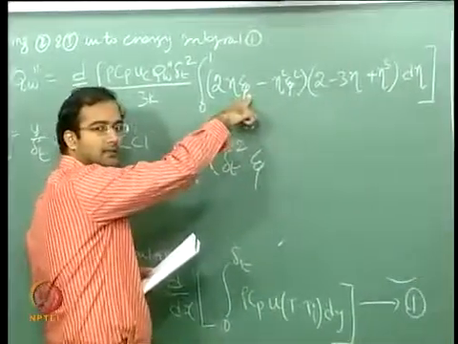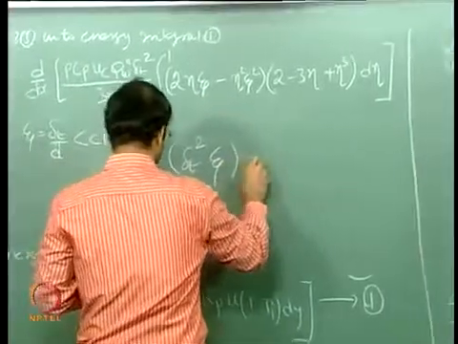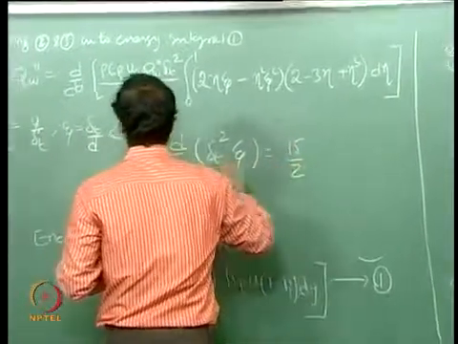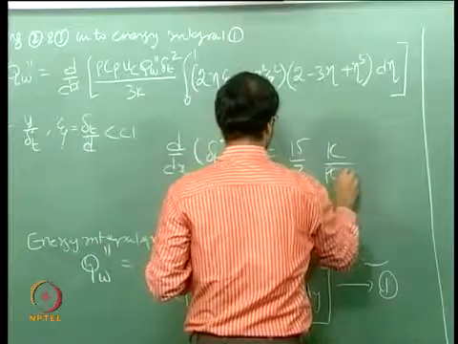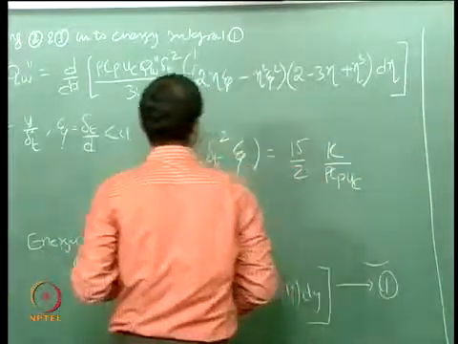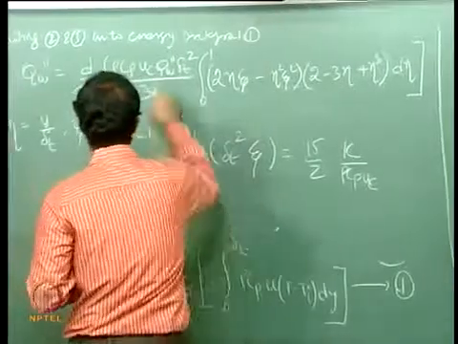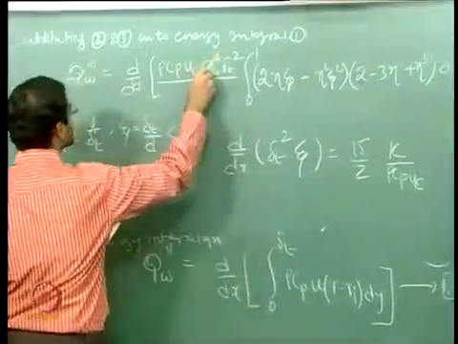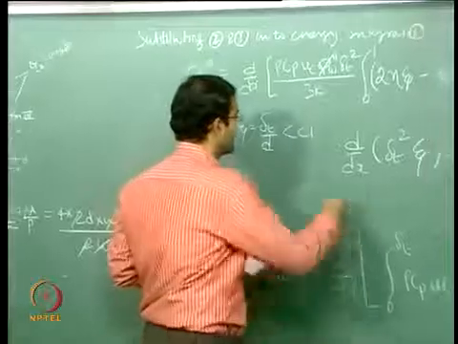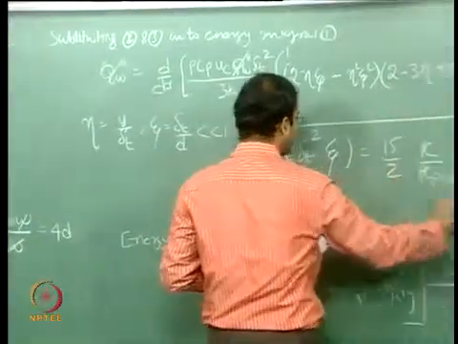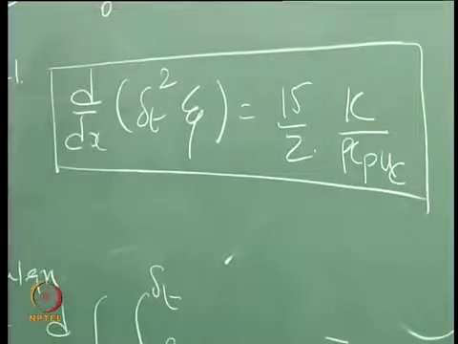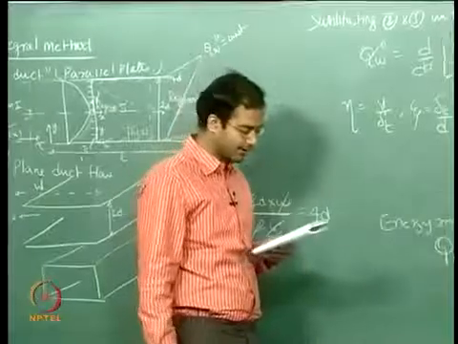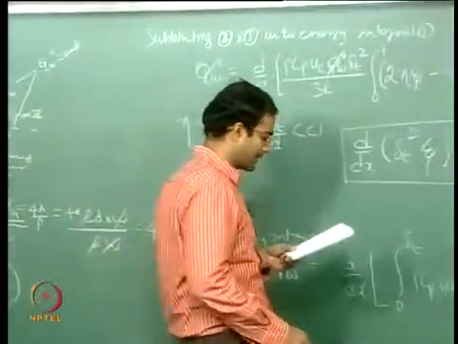So you will still have this zeta here, that will come out as 15 by 2, and you can take k by rho Cp uc on the other side. So q wall cancels, of course, as it is a constant. So this is your equation for your thermal boundary layer thickness, the variation of thermal boundary layer thickness along x.